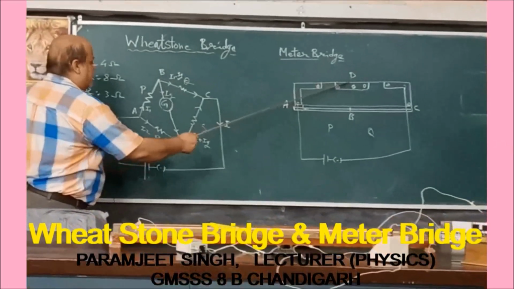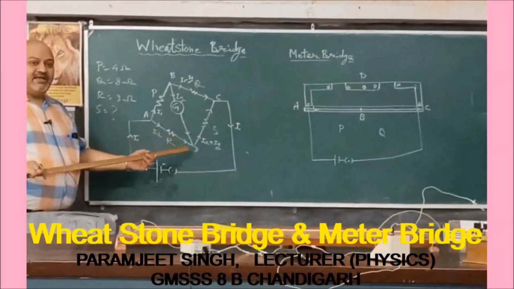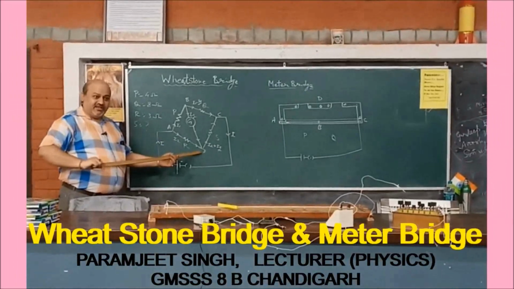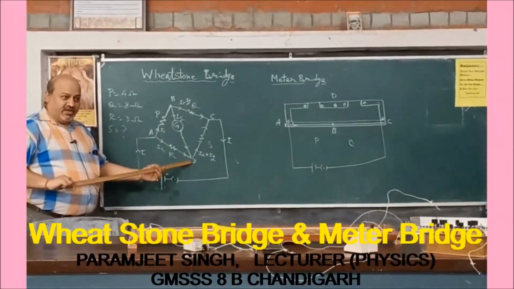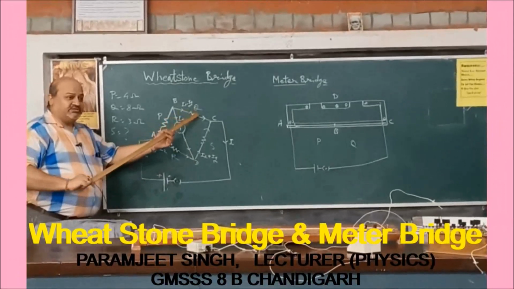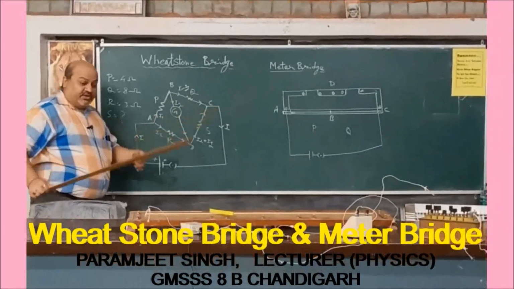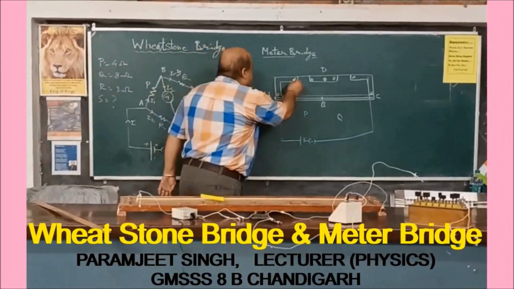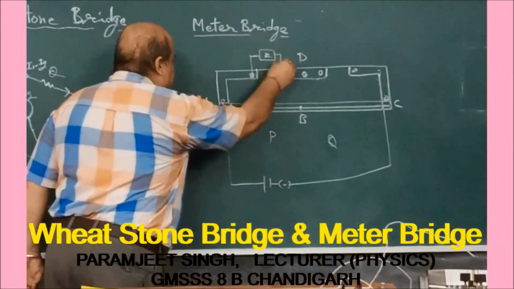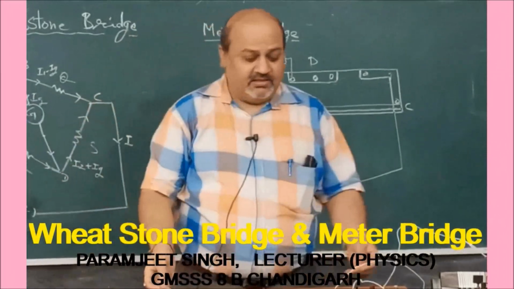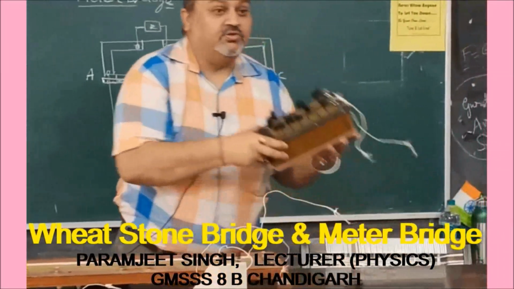Between A and D, I have to apply some known resistance. P is known, Q is known, R is known. So in this gap, I have to apply some known resistance. I apply the known resistance in this gap through this apparatus.